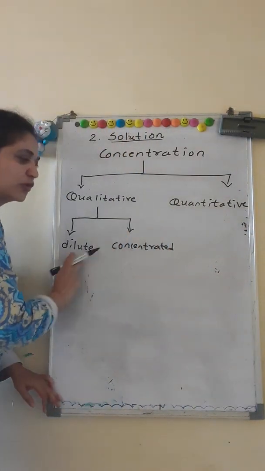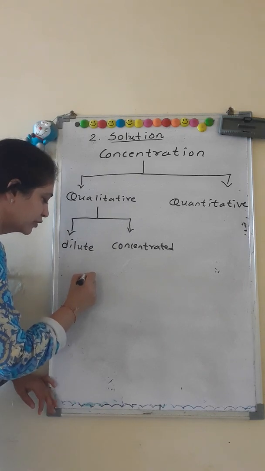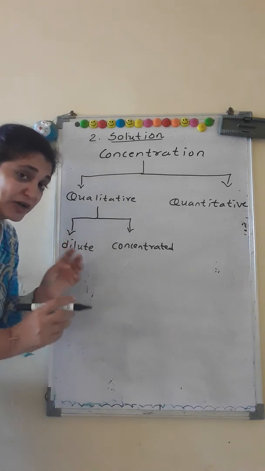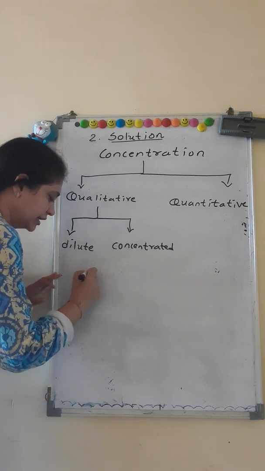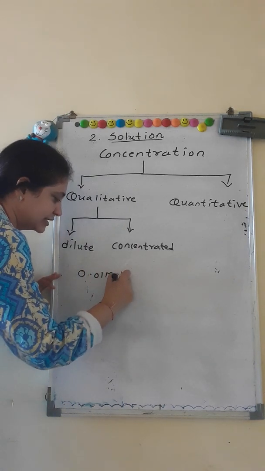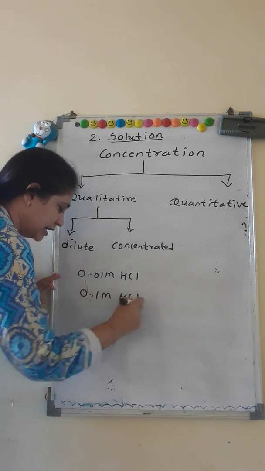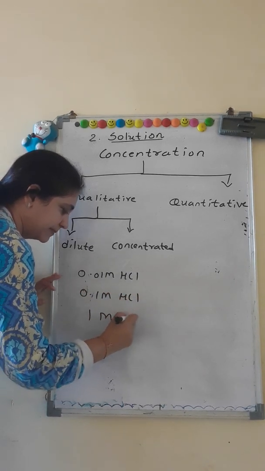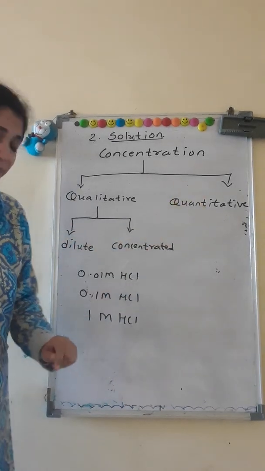But this is not a more reliable term. The reason is, if I have three solutions and I am comparing them in terms of dilute and concentrated, for example 0.01 molar HCl, 0.1 molar HCl and 1 molar HCl. These are three different concentrations which are expressed in a quantitative manner.